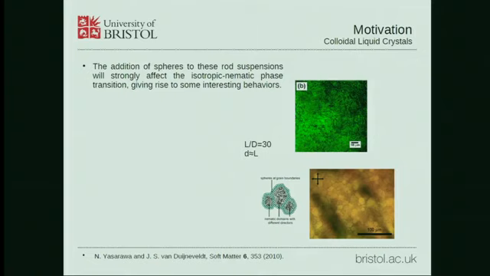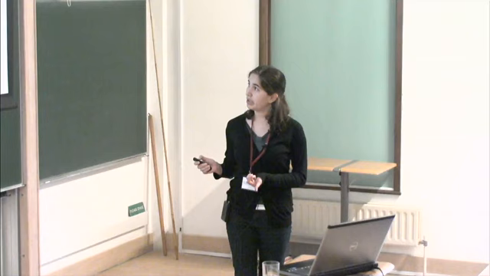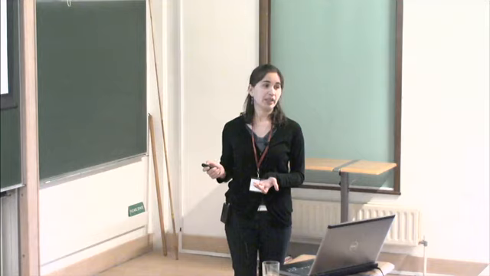Depending on the concentration, we can get things like this, where you have a network with small domains. This is a polarized micrograph. What you can see here is the nematic domain surrounded by these dark lines. So we think these are nematic phases surrounded by the spheres, making domains and networks.